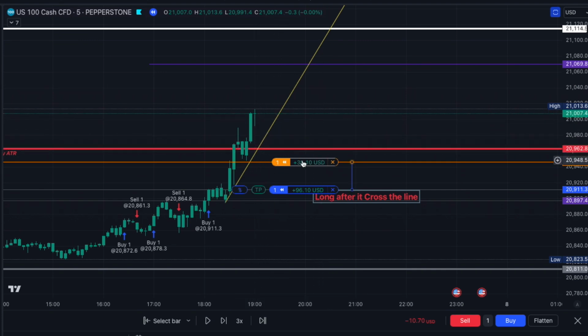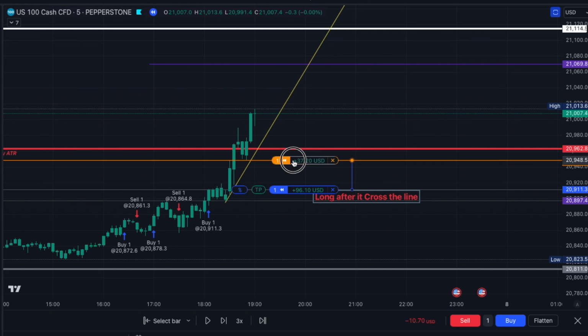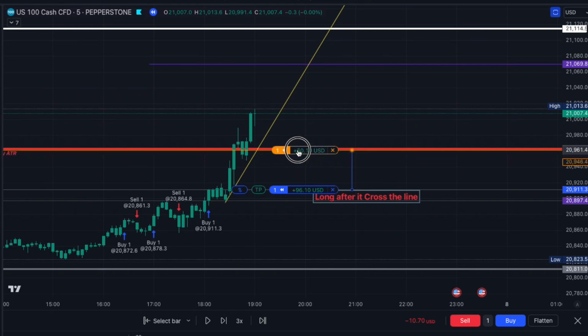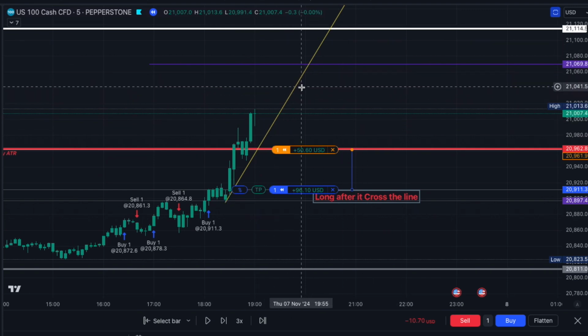Knowing that, one of these two scenarios I can do. I can take my profit here, done, or I can put my stop loss here. Okay, that's on the ATR, and I'll let the price decide where it wants to go. As long as it stays on this line, I'm okay.